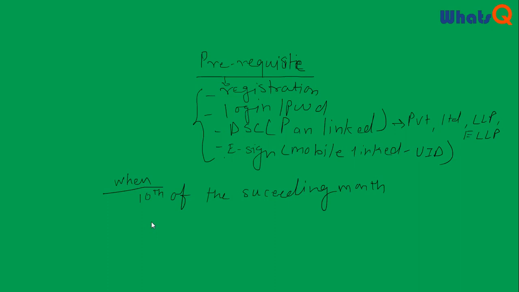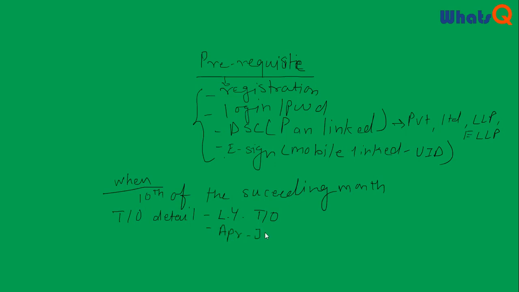And if you are filing the details for the first time, then you will also require the turnover details. The turnover details are of two things: first, last year's turnover, and second, turnover for April, May, June of 2017.